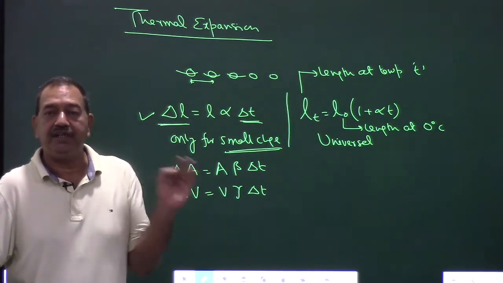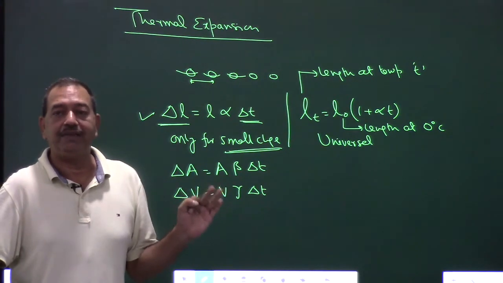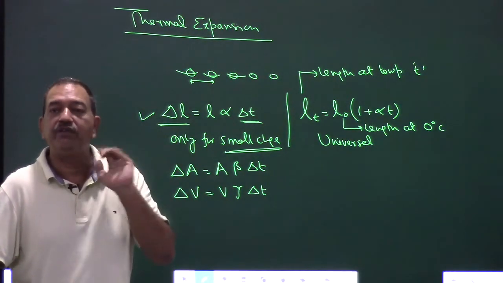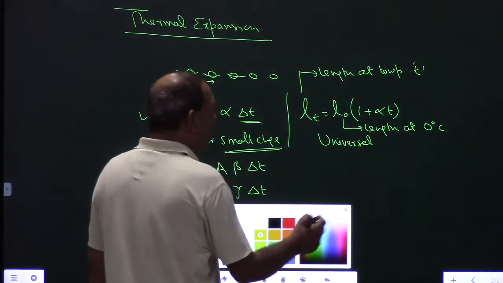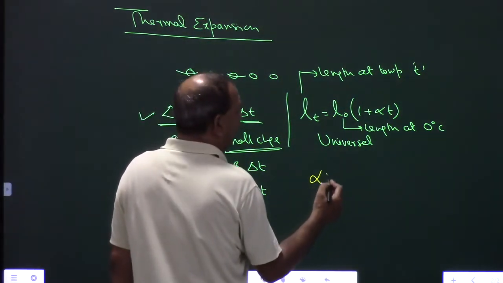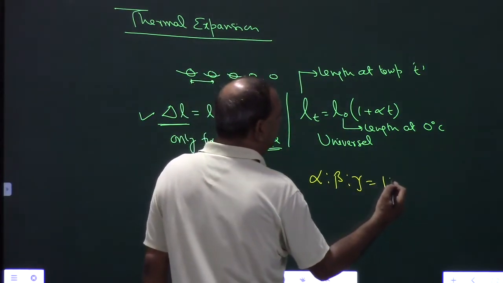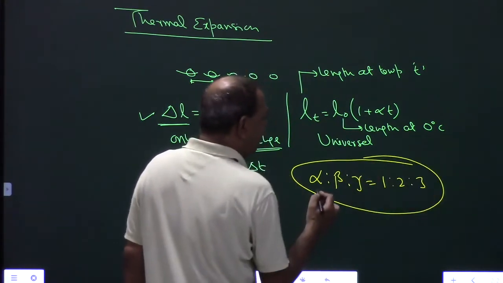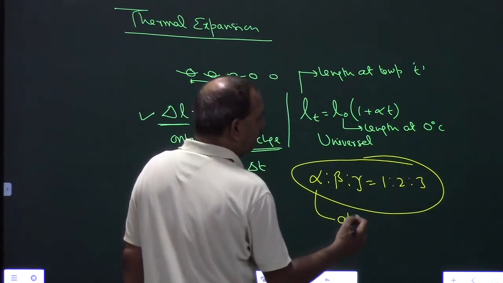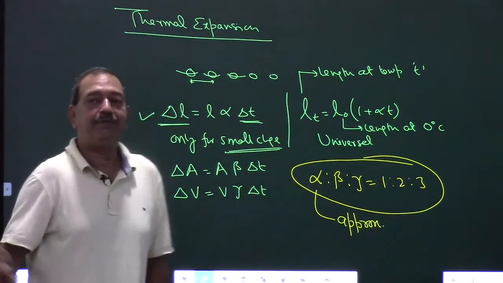Alpha is the coefficient of linear thermal expansion, beta is the coefficient of superficial thermal expansion, gamma is the coefficient of cubical expansion, right? And they are correlated to each other, like alpha is to beta is to gamma, that is 1 is to 2 is to 3. And this is an approximation, not absolute.